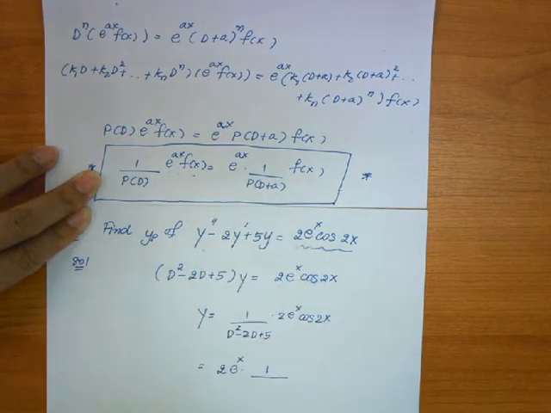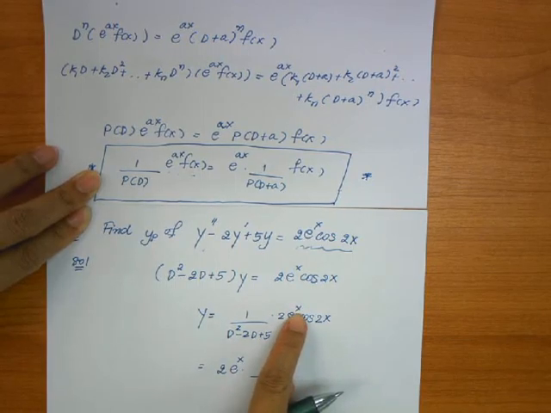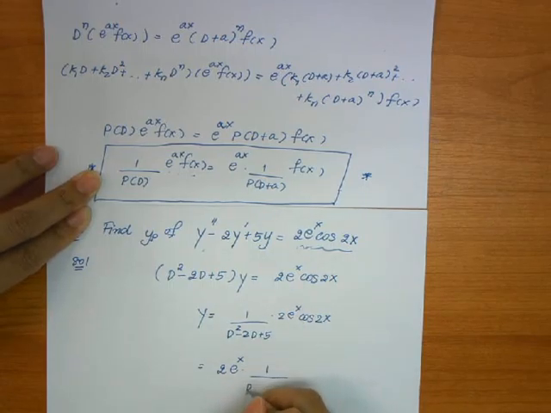So any D here has to be replaced by D plus a. What is our a value? a is equal to 1. So in here I would get D plus 1 squared, right?